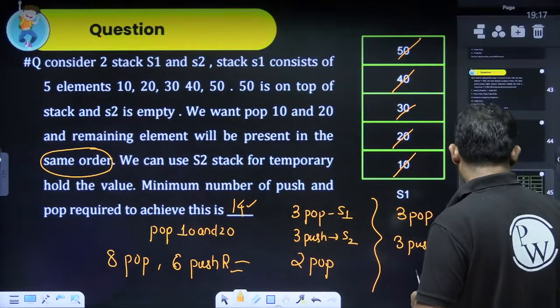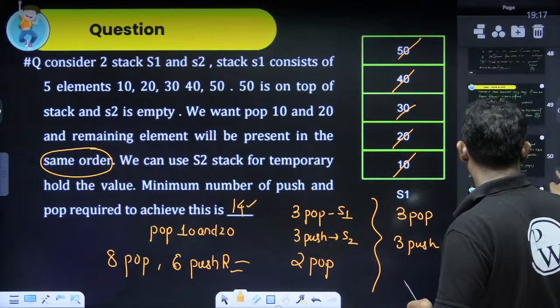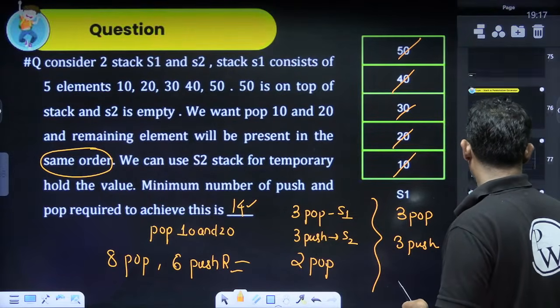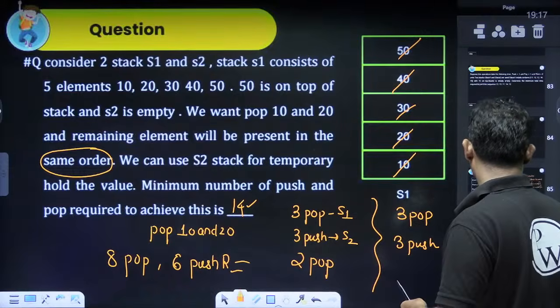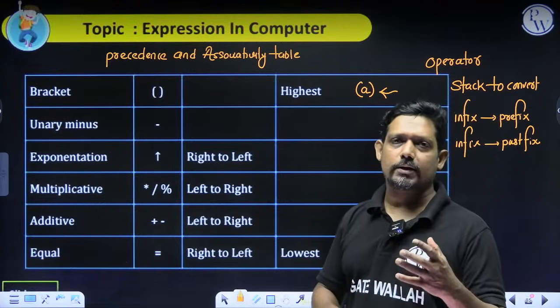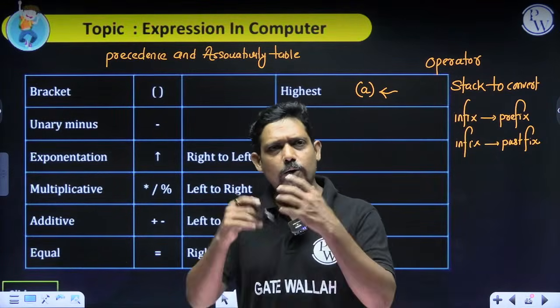Let's not drag this discussion further. Let's come back to what I was talking about, the expression table. Then unary minus, the most neglected operator that we don't consider.